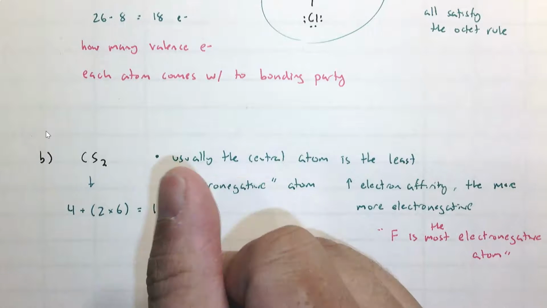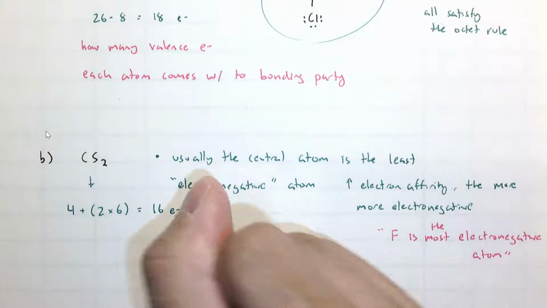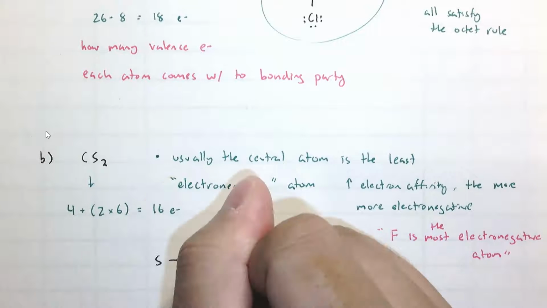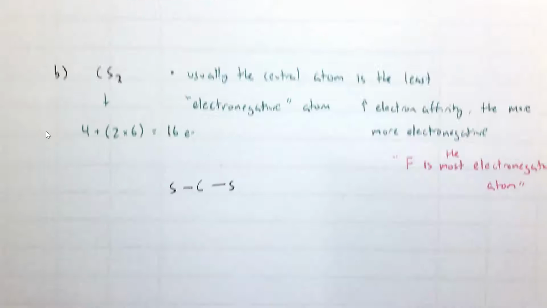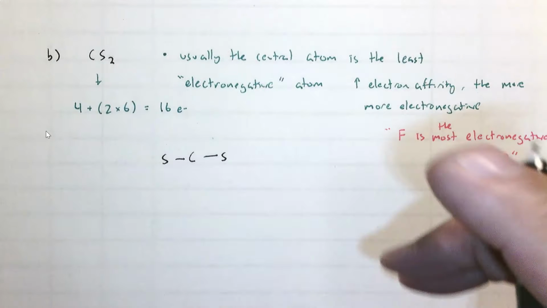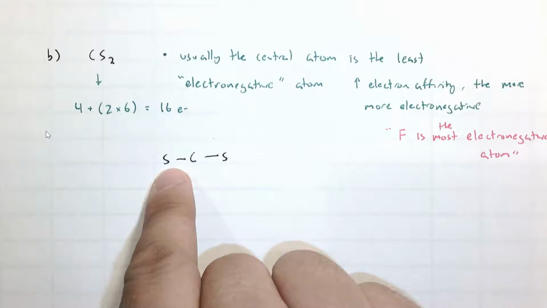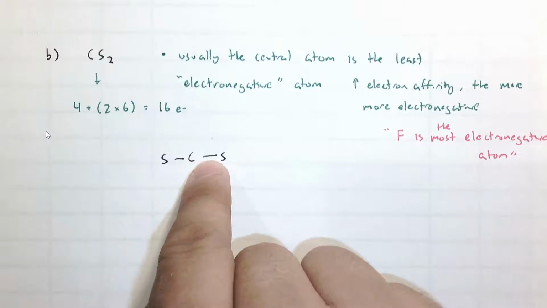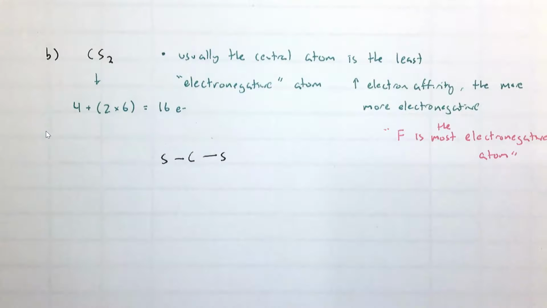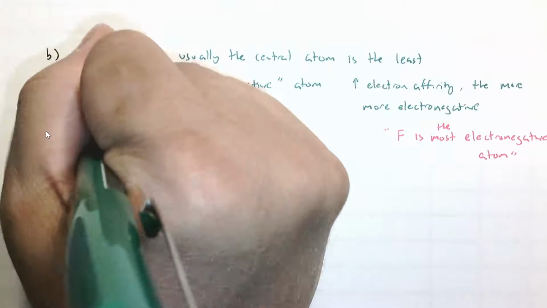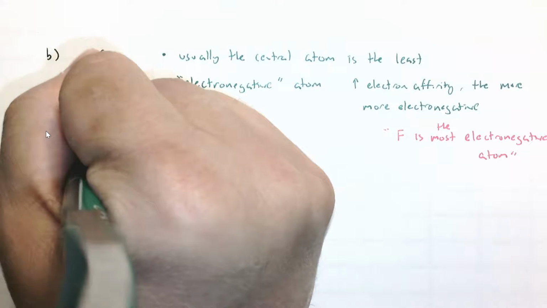We have the central atom. You're going to make single bonds to each sulfur. We have 16 electrons, and we've already taken care of 4. So there are 12 available as non-bonding for now.